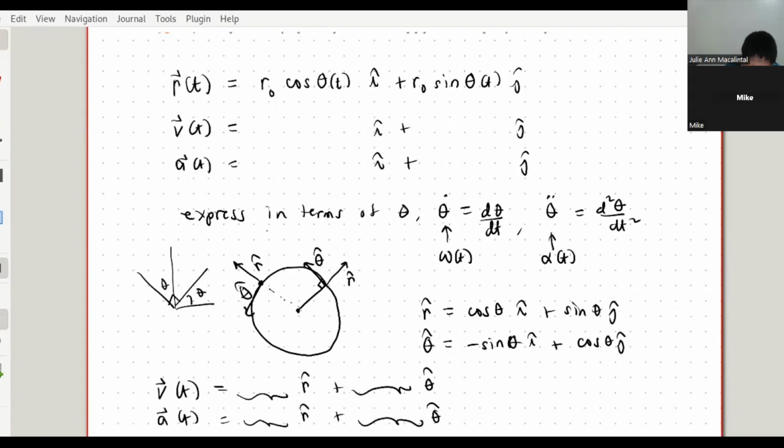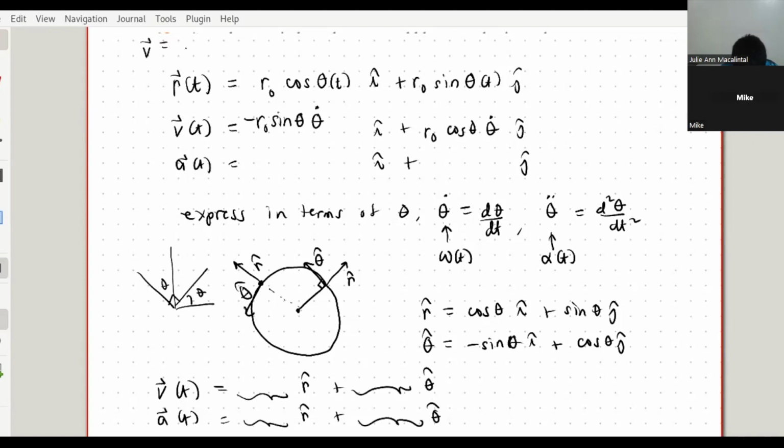So, okay, gawin ko yung sa velocity. So, yung sa velocity, yung derivative with respect to t is r naught negative sine theta. Tapos, from the chain rule, we have to get theta dot. Yung sa j hat, we're going to get r naught cosine theta multiplied by theta dot. Usually, ina-arrange yan in this form. So, pakita ko sa taas. V of t.